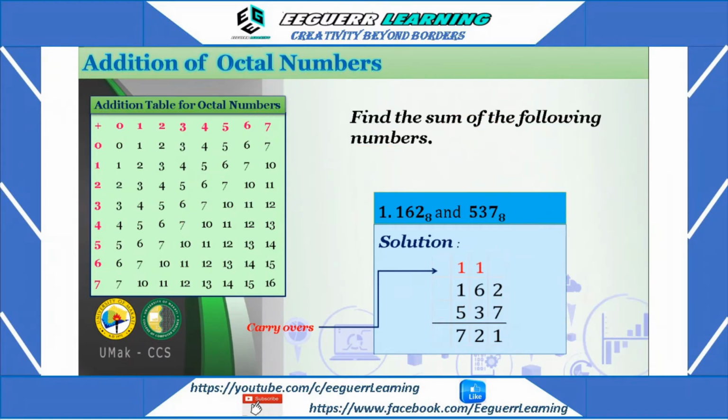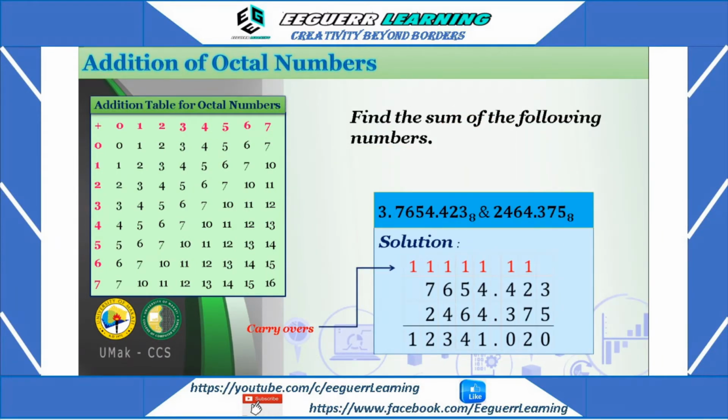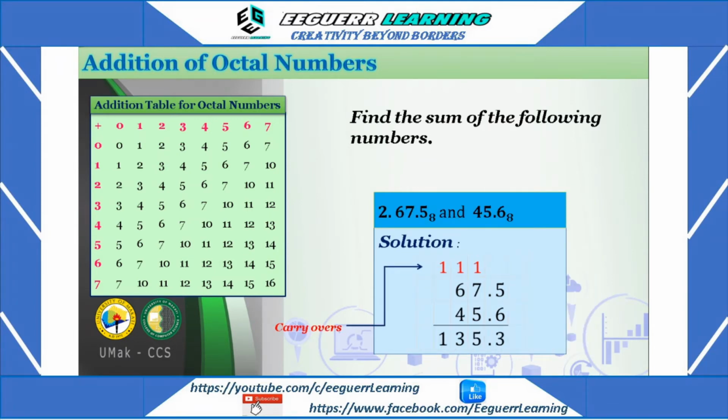Okay, so let us continue. Okay, so we have another number here. We have octal values to be added. So let us add, without a table first, 5 plus 6. 5 plus 6 is 11 minus 8, the whole cycle of octal.